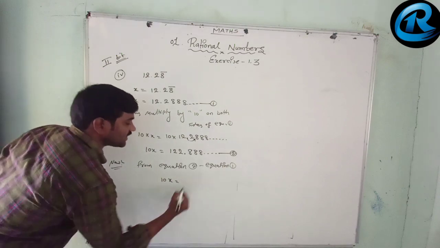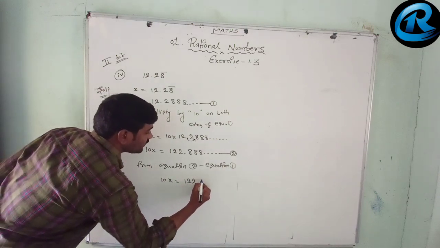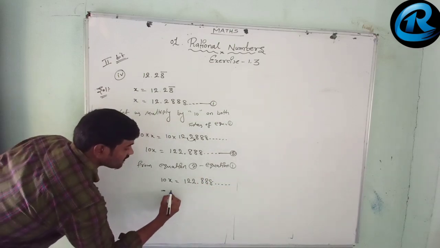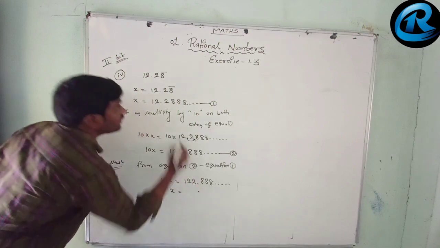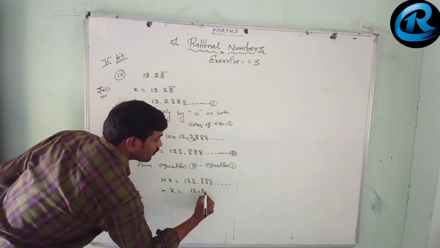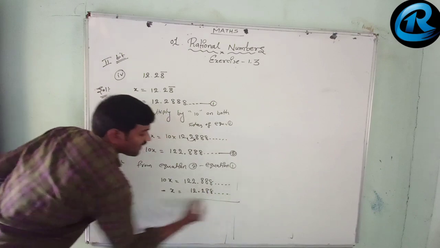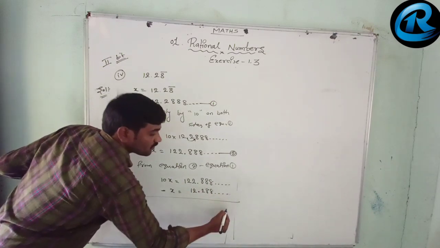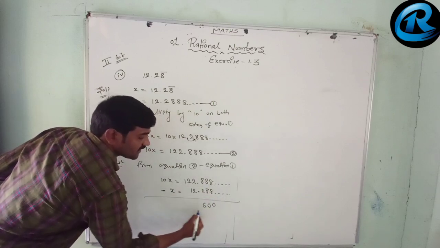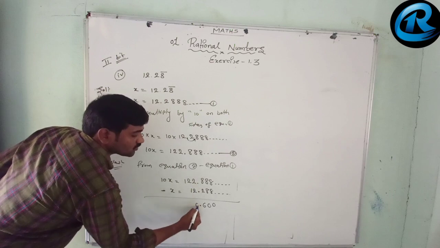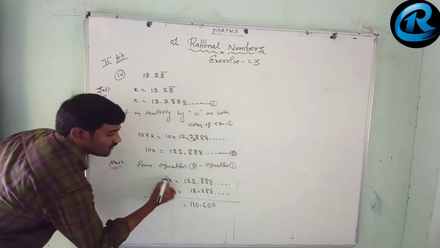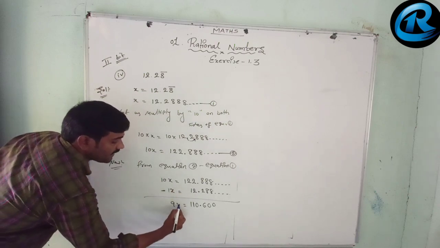Equation number 2 is 10x equals 122.888 and so on, and subtract equation number 1, that is 12.288 and so on. So you subtract now, all of this will get 0. 8 minus 8 is 0, 8 minus 8 is 0, 8 minus 2 is 6, and point. 2 minus 2 is 0, 2 minus 1 is 1. That equals 10x minus 1x, which is 9x.